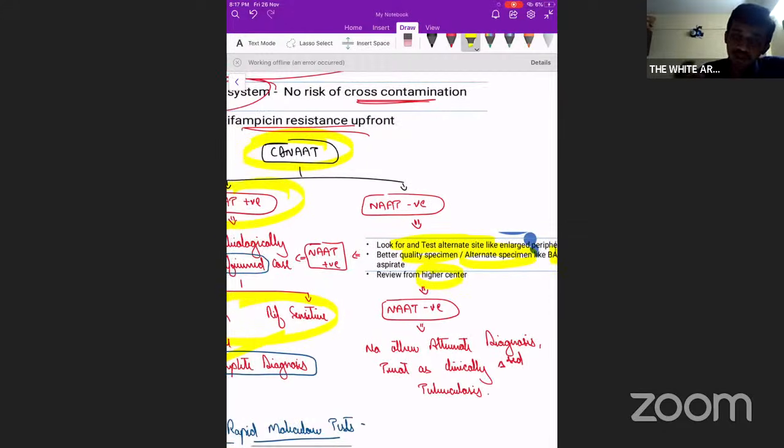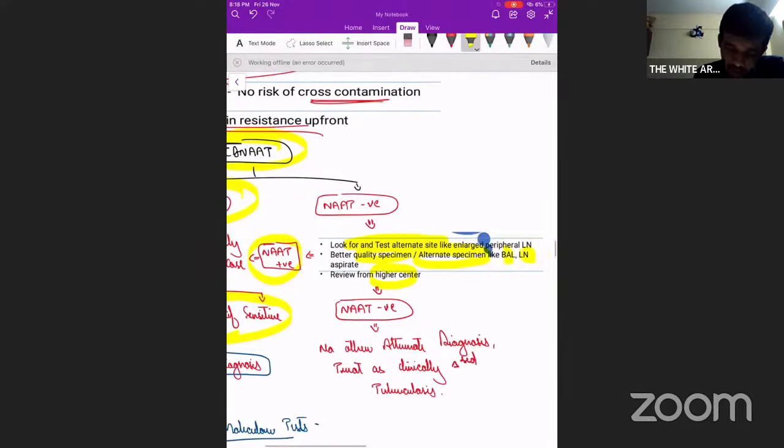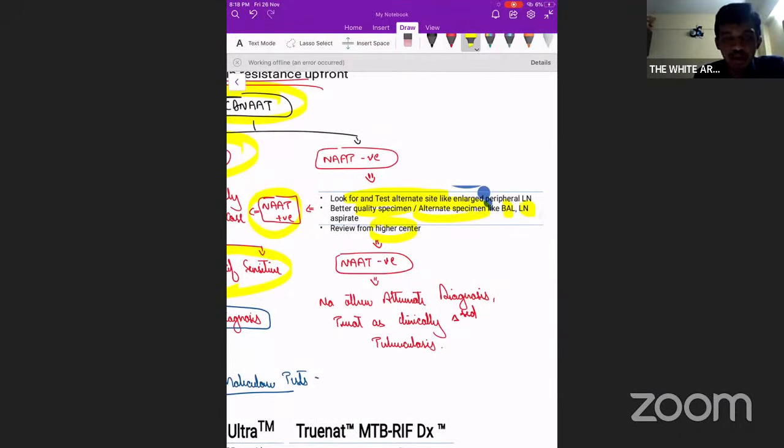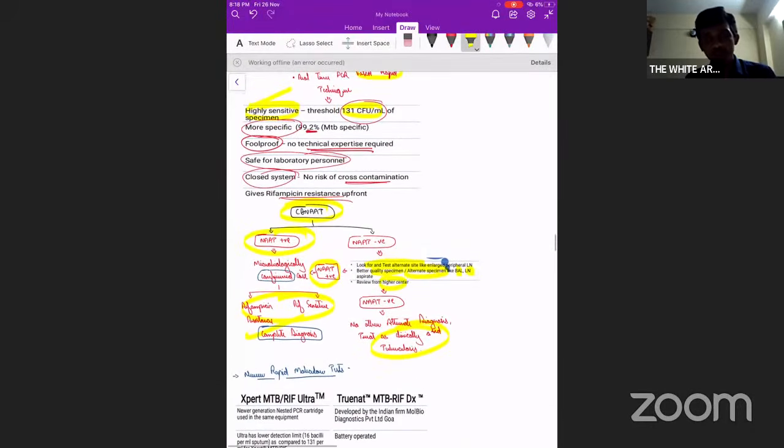Even if this repeat sample turns out to be positive, well and good. If it turns out to be negative, that is when we take it as clinically diagnosed tuberculosis and treat them, if we are not able to find any other alternative diagnosis. So this much sums up more or less the whole diagnostic algorithm.